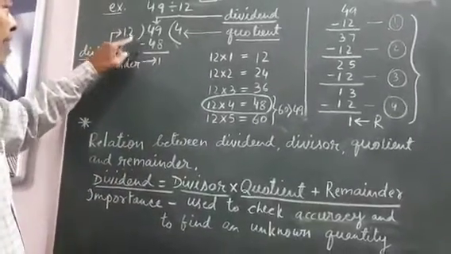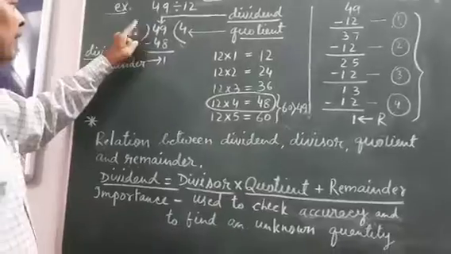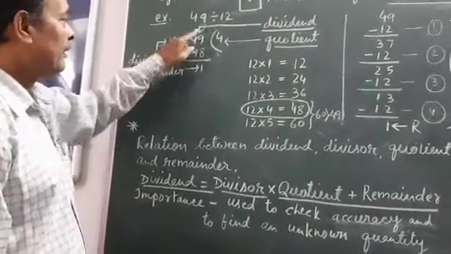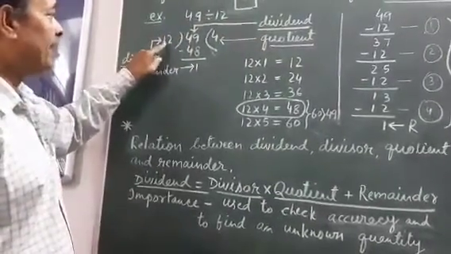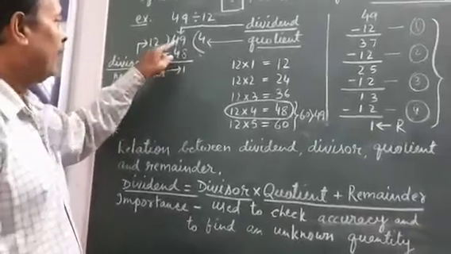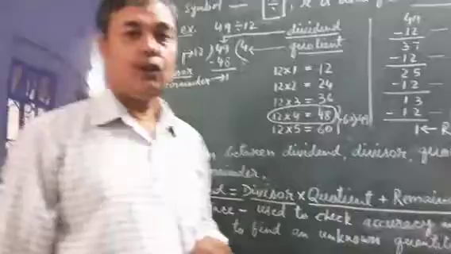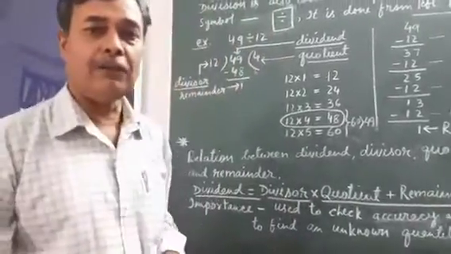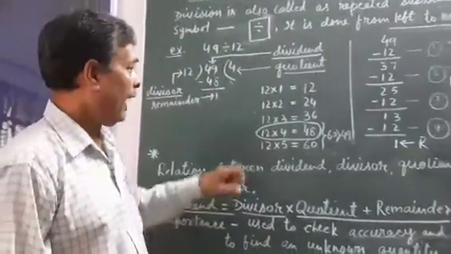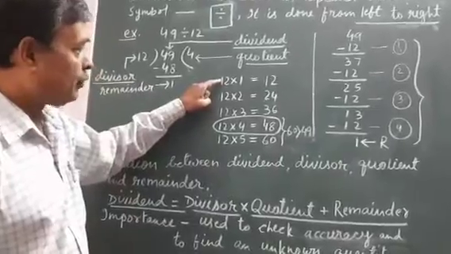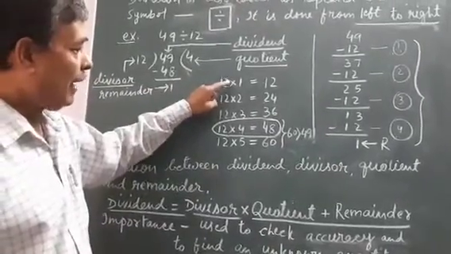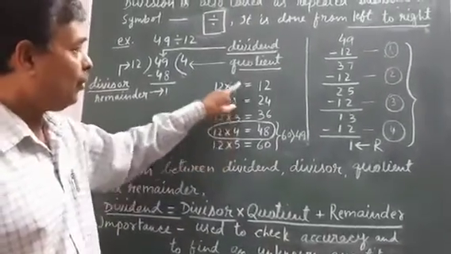On the left hand side, just before the curve, we write 12, that is the divisor. To divide 49 by 12, you should know the multiplication table of 12. I have written the multiplication table of 12 from 1 to 5 over here.